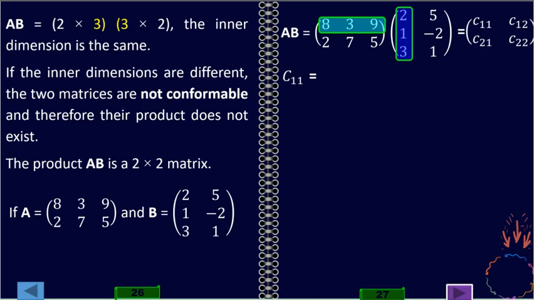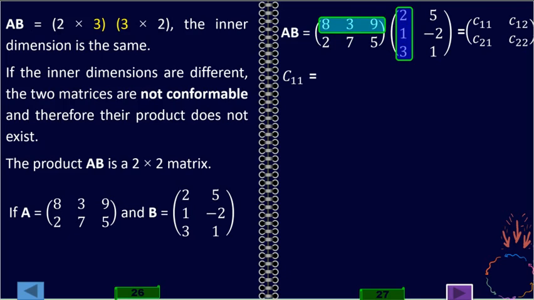Please pay attention. The first element here, 8, will multiply the first element here. Then the second element will multiply the second element. Then the third element will multiply the third element. So that's how we carry out the multiplication.